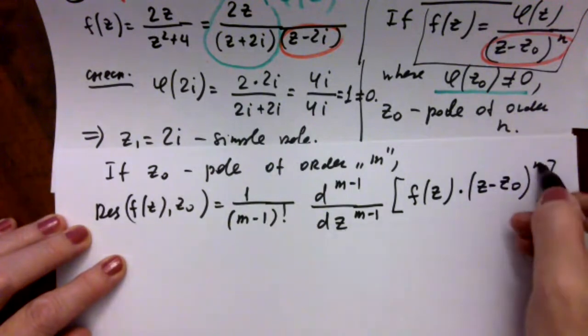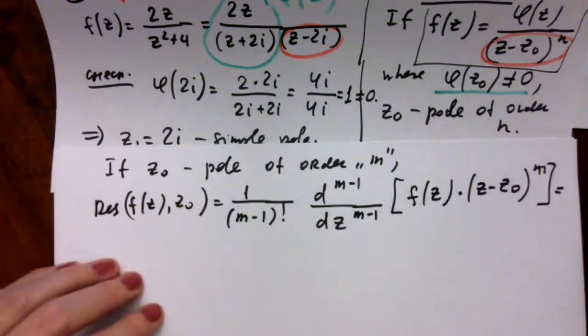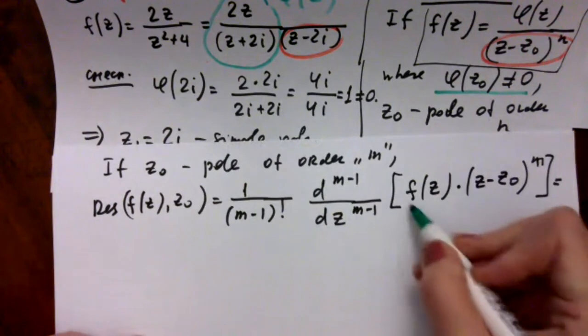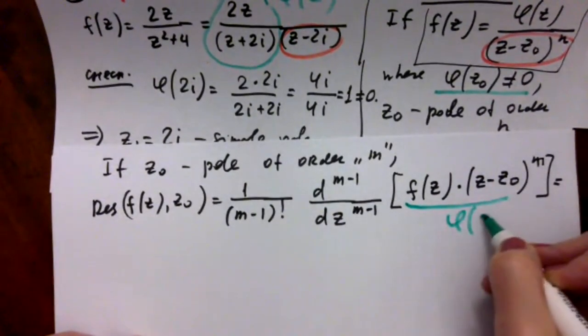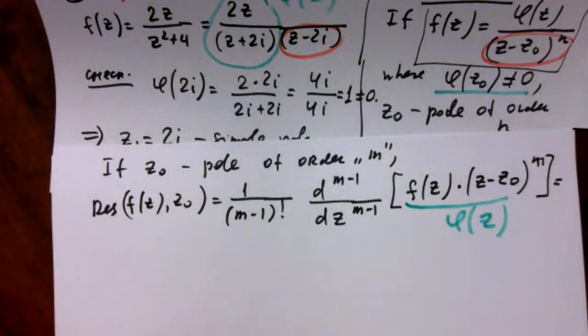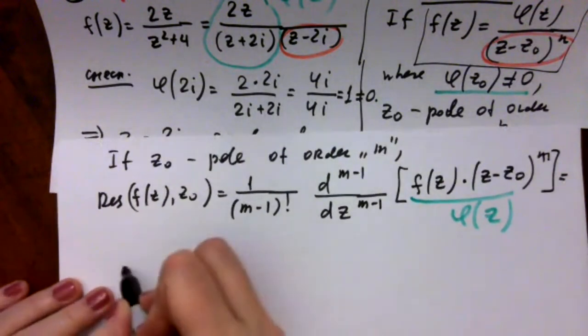Maybe not n, but m, of course. But in the case of a pole, this expression is actually equal to phi of z, so you can simplify this formula a little bit.